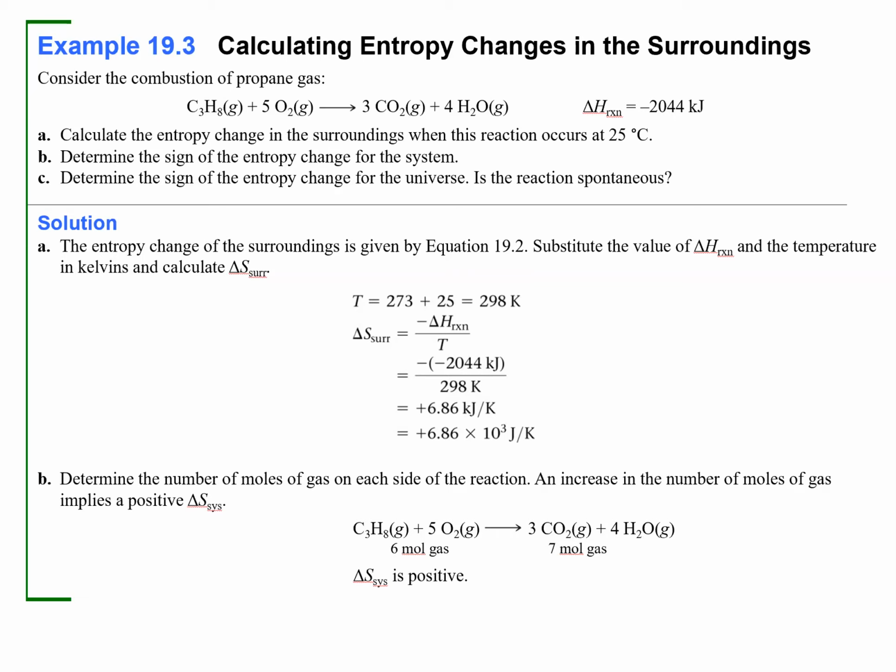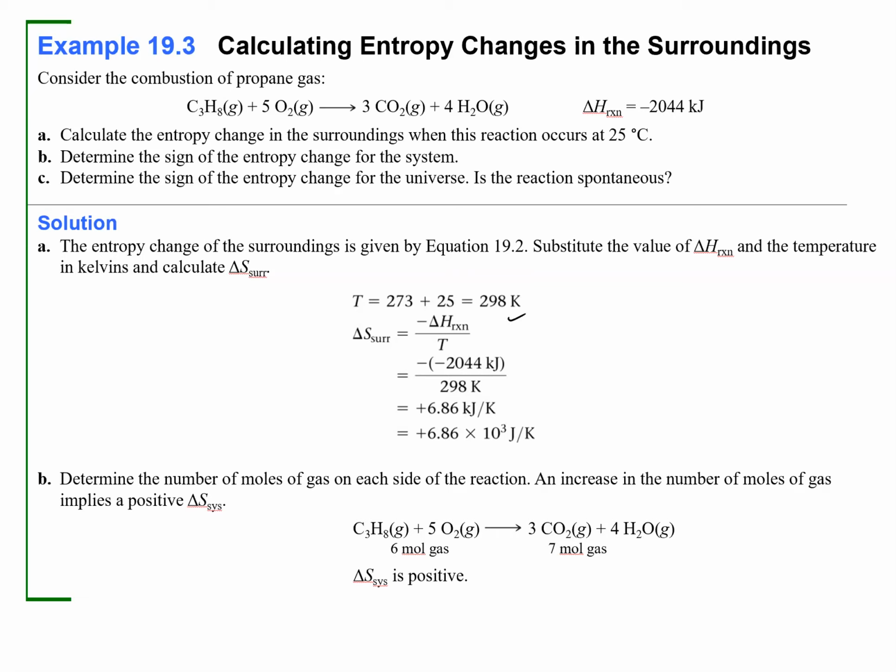But jumping into A. So A, remember, calculate the entropy change in the surroundings when the reaction occurs at 25 degrees Celsius. So if we're given Celsius, we have to find Kelvin. We'll just add 273. So at 25 Celsius, that's 298 Kelvin. So that's going to be our temperature term.